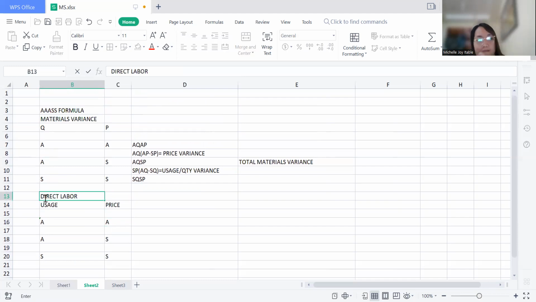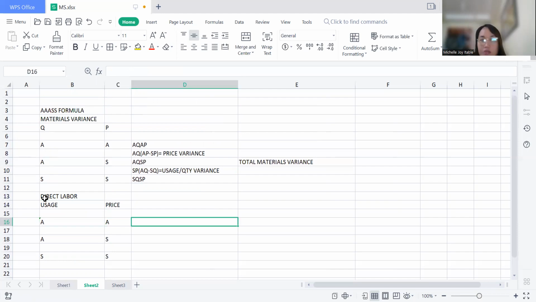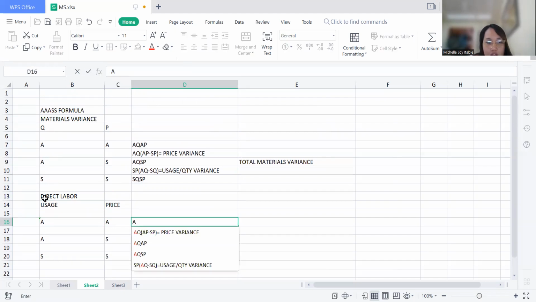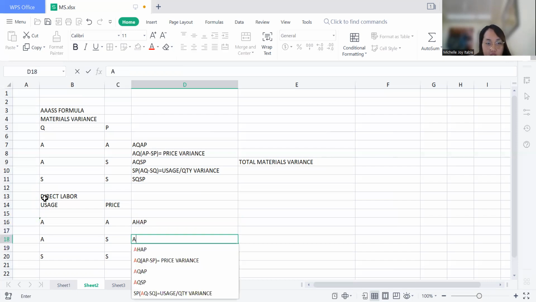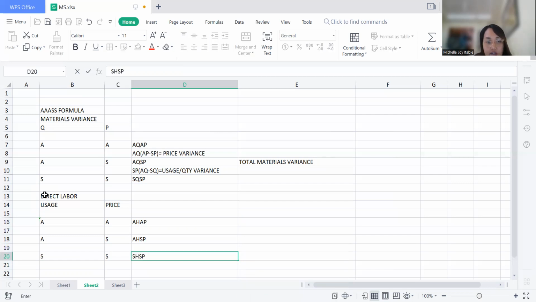Direct labor. When it comes to direct labor, this one is actual hours, actual price. We have actual hours, standard price, and then we have standard hours and standard price.